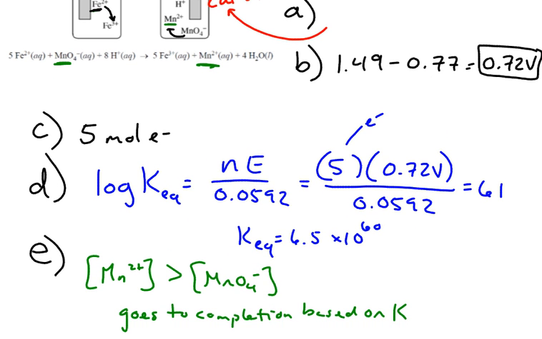Let me write this down. For every one of MnO4-, I need 5 of those. So if I had 0.1, what would I actually need to react perfectly?